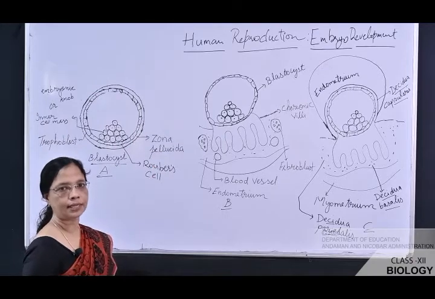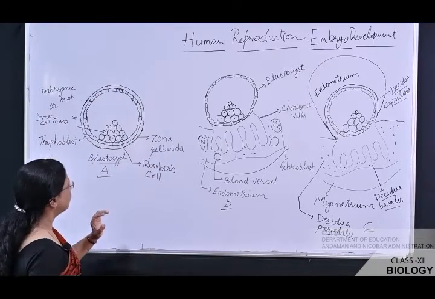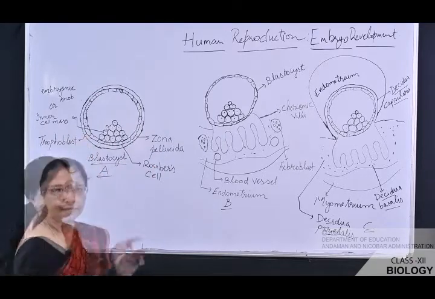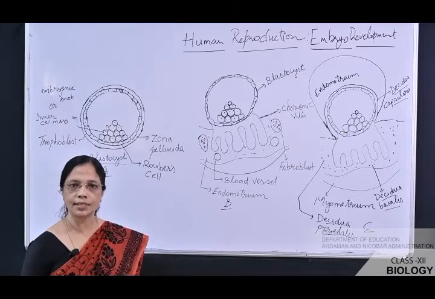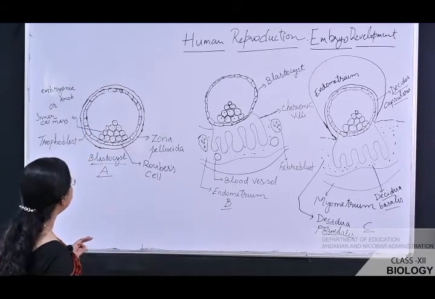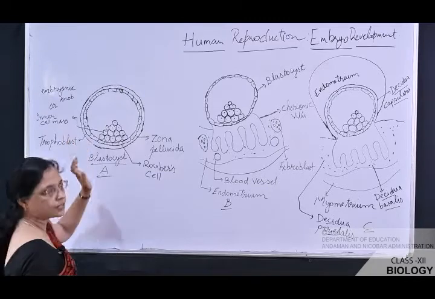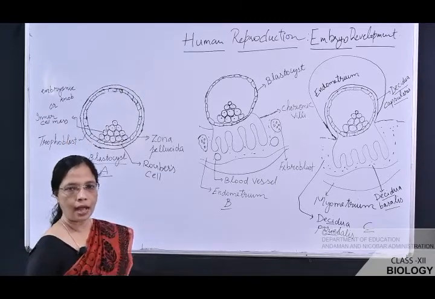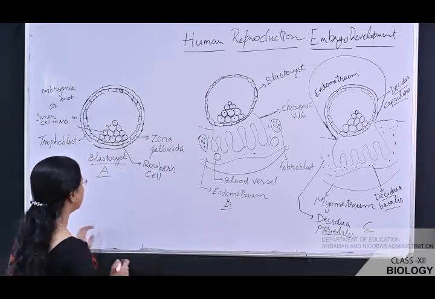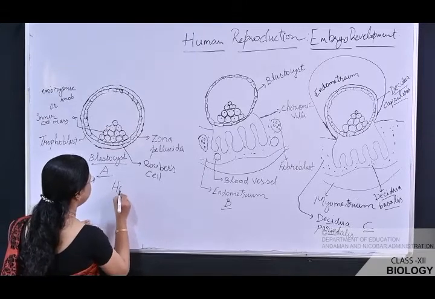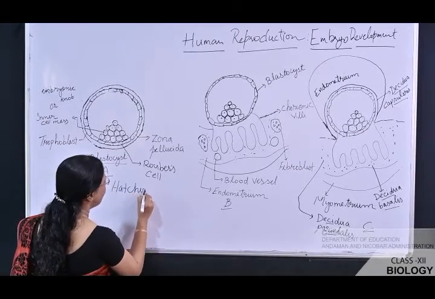Now you can see here the zona pellucida. What happens in the uterus? This trophoblast secretes a proteinaceous enzyme. That proteinaceous enzyme breaks this zona pellucida, and that process is known as hatching. So what is hatching?